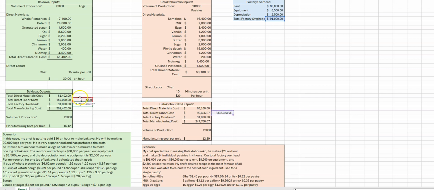And we're going to allocate it just to the baklava, so they'll get 54,600. And they'll get, oop, give me a second. There we go. And they'll get the remaining 36.4. But the moral of the story is we find our total factory overhead and we figure out how much of that goes to each.